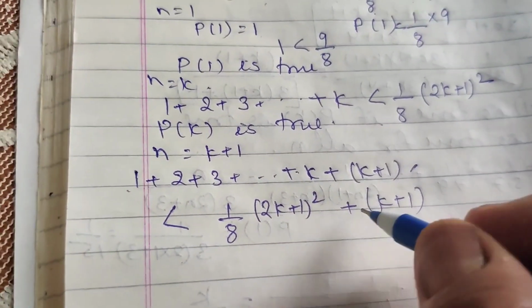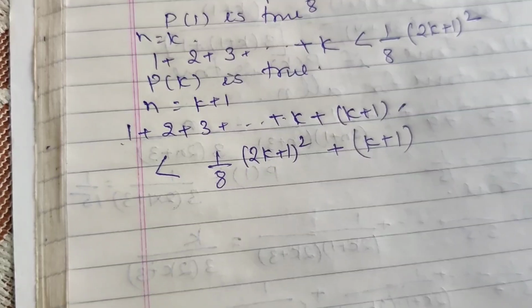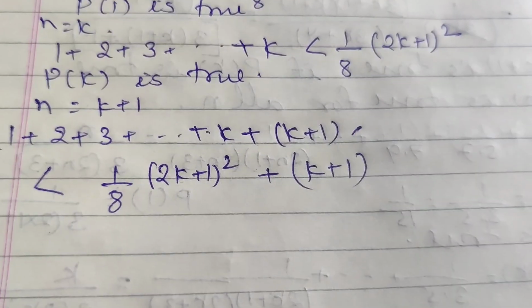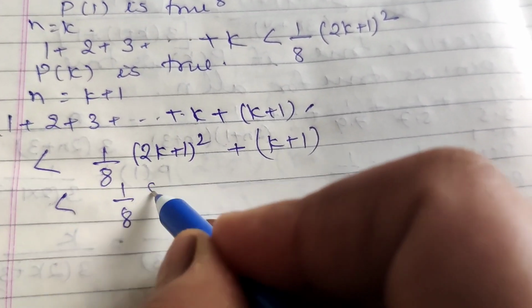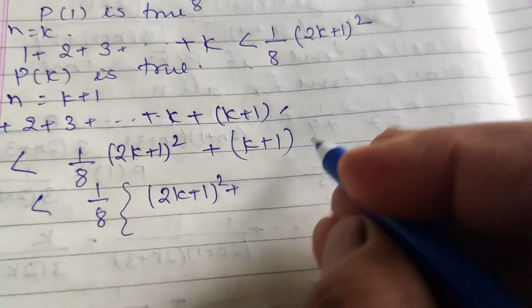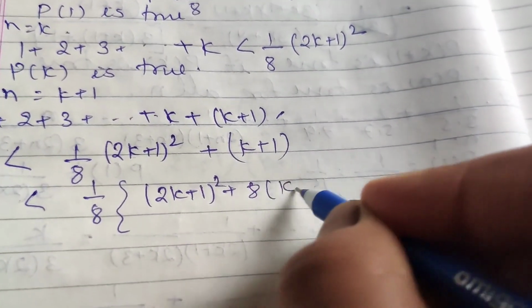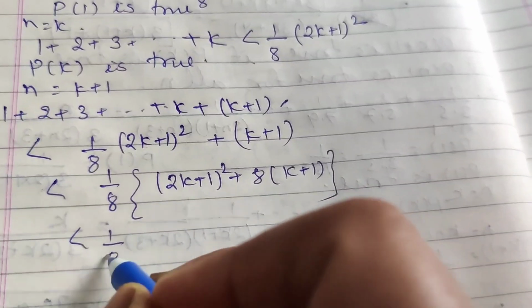Now solve this one: 1 by 8, it is (2k plus 1) whole square plus 8 times (k plus 1), less than 1 by 8.